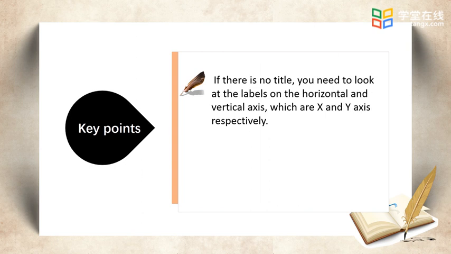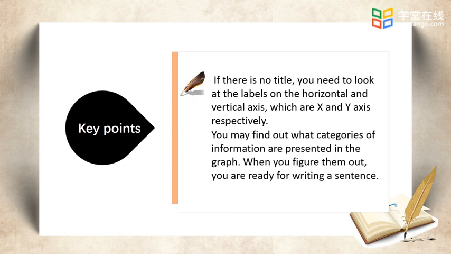If there is no title, you need to look at the labels on the horizontal and vertical axis, which are x and y axis respectively. You can find out what categories of information are presented in the graph. When you figure them out, you are ready for writing a sentence.